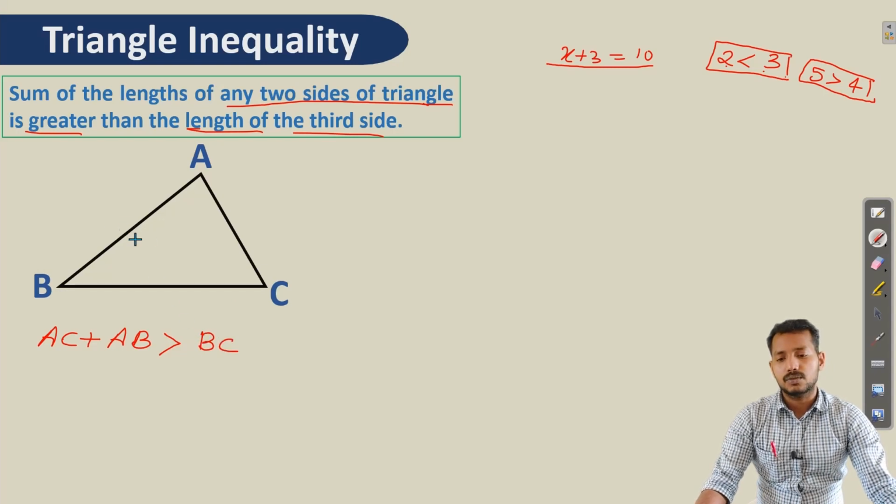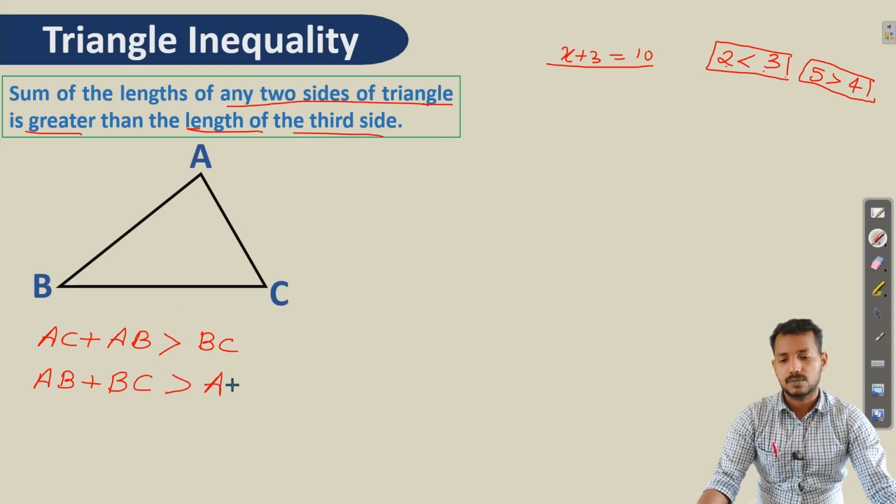Now we can take the sum of these two sides, AB plus BC, which is greater than the third side AC. Now we can take the sum of these two sides, BC plus AC, which is greater than the third side AB.